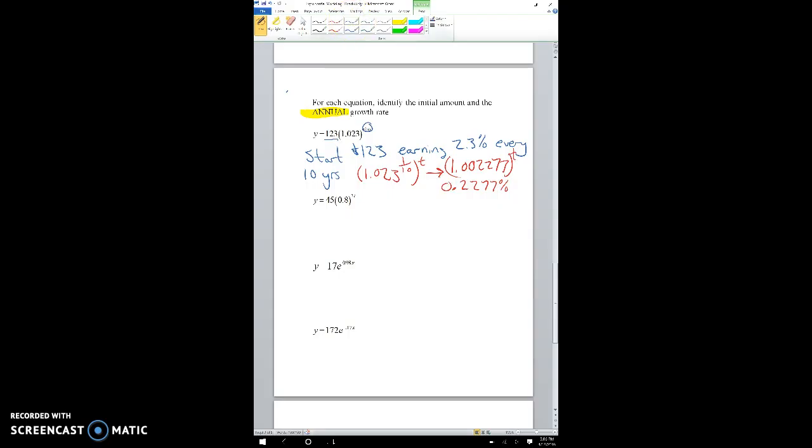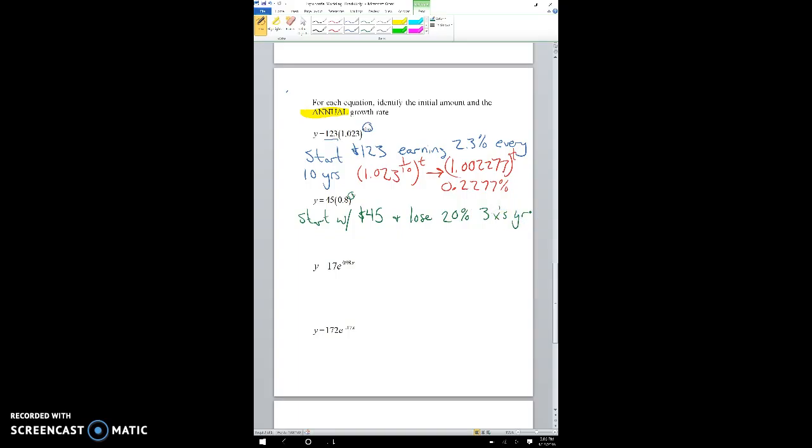Second problem, I'm going to start with $45. This account is even worse than the one before because we're actually losing money. Here, I'm losing 20%. I'm retaining 80% 3 times per year. Start with $45 and lose 20% 3 times per year.